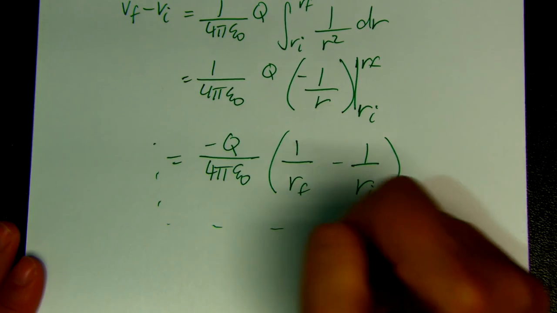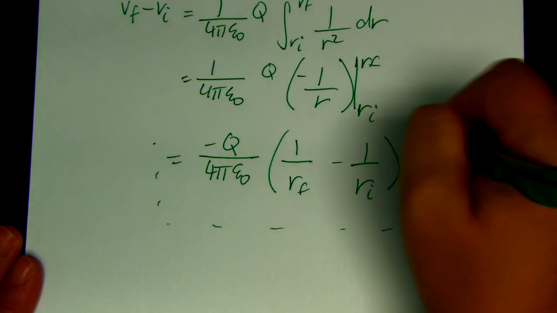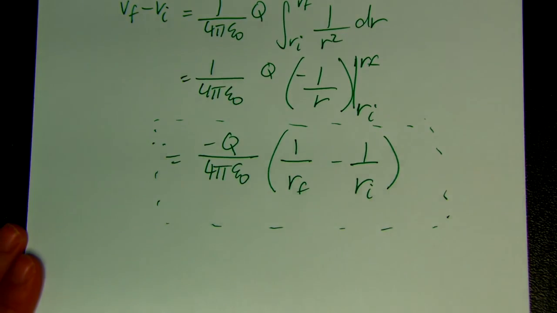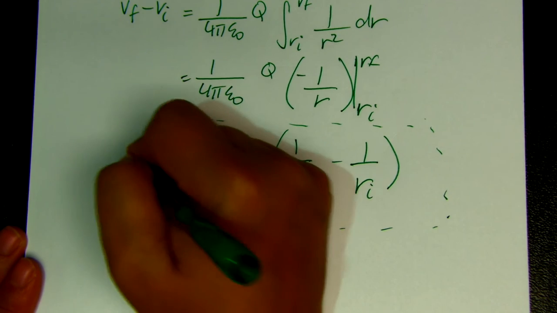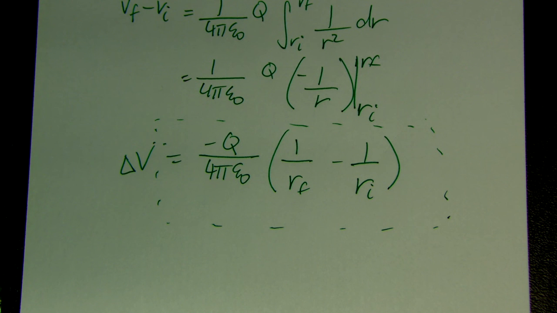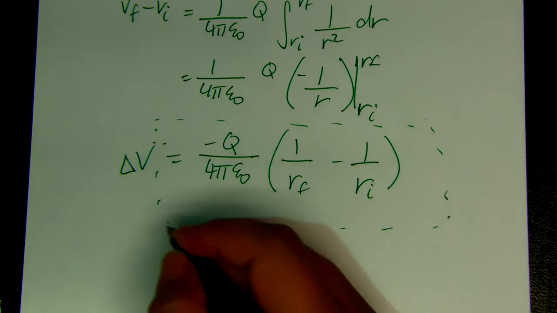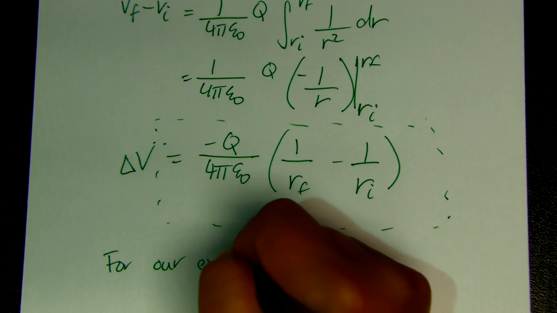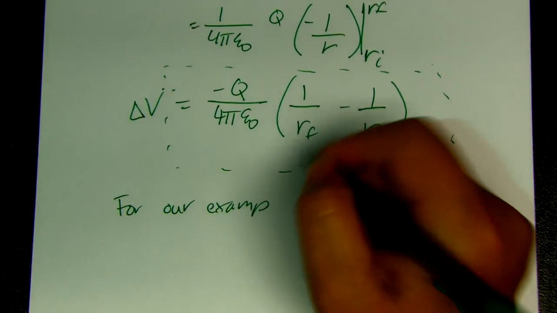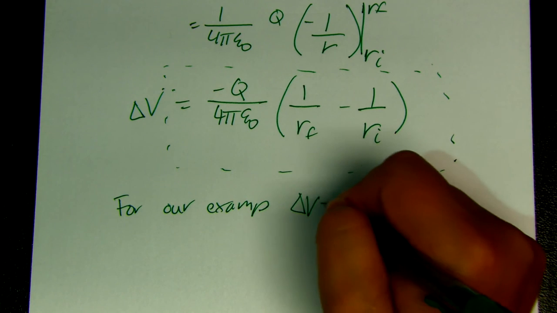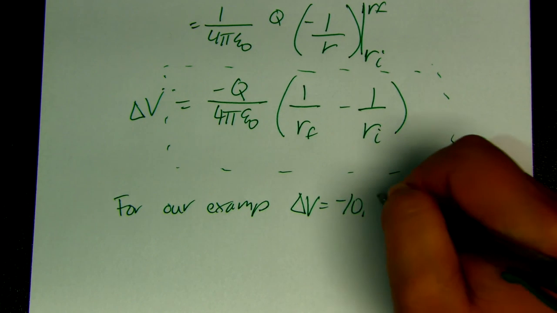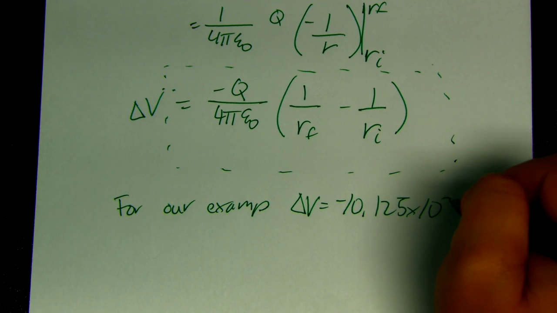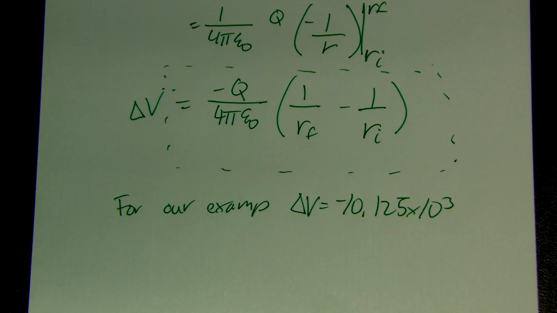Now, calculus, I could ask you to do this integral. General, this is just yours. You get to have this for a point charge. There it is, but now you know where it comes from. And if you do this integral for our example, you would find that delta V is equal to minus 10.125 times 10 to the 3, which is very similar to 100 pieces.